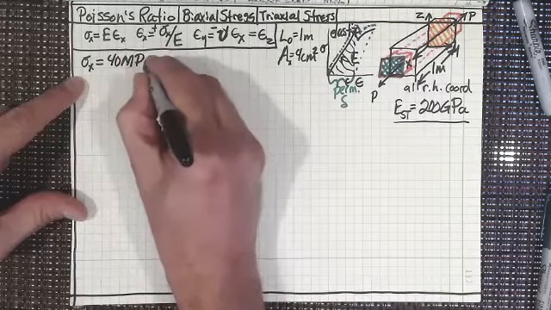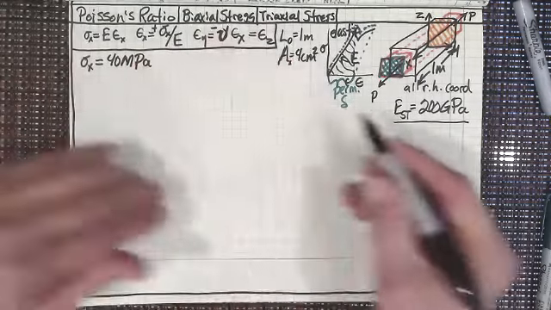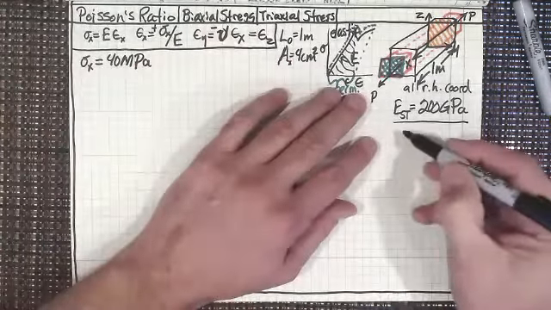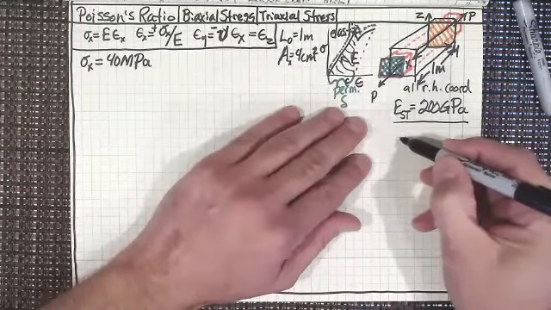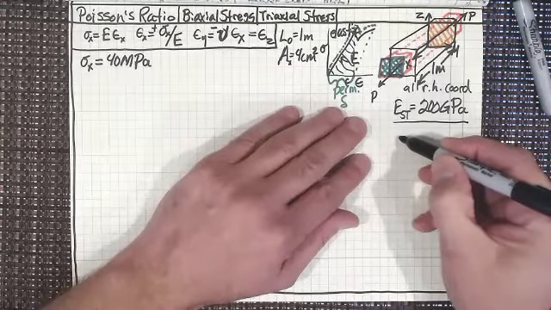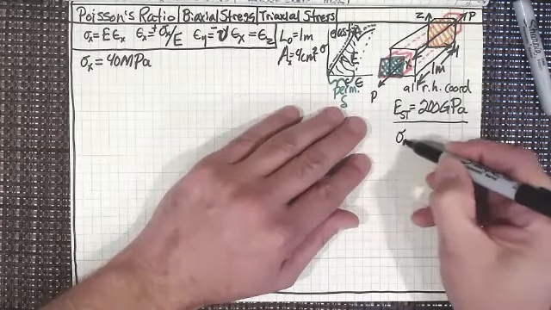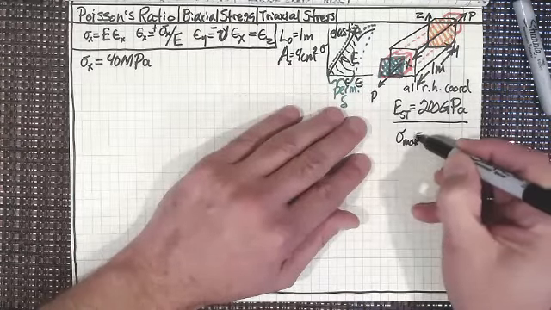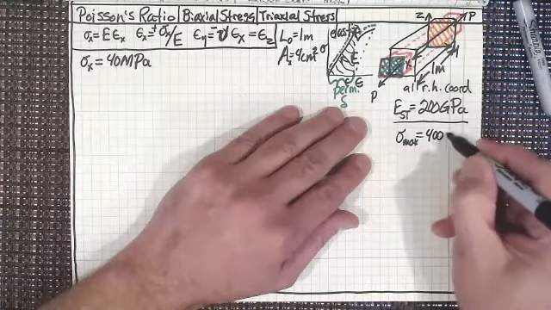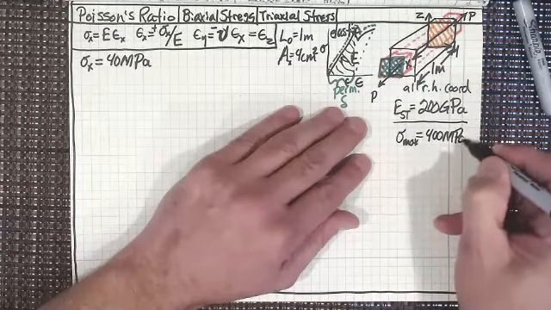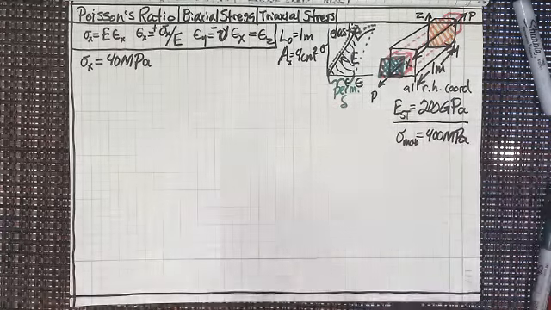Now that's nowhere near the limit of a steel bar, right? Because usually, depending upon the type of steel alloy that we're talking about, we can have maximum stresses, with some excellent steel alloys, of like 400 megapascals, 10 times the loading that we're putting on that bar right now.